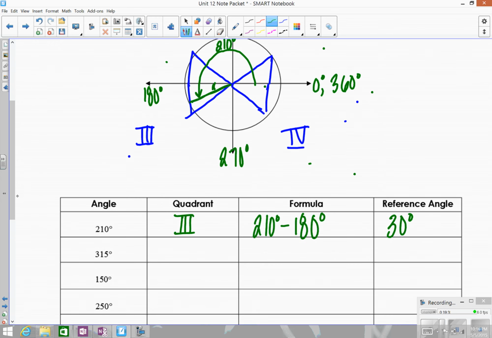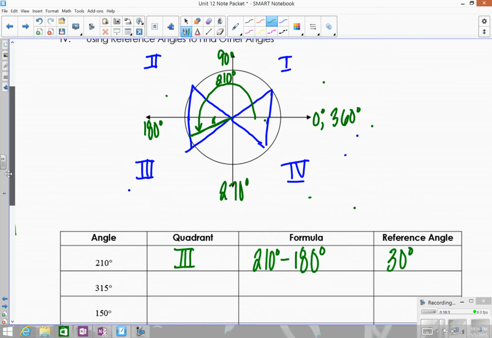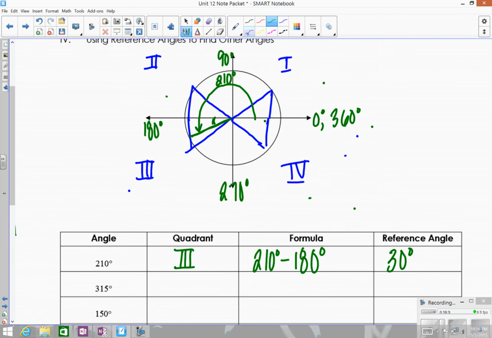315 is the next one. So for 315, I'm going to start and go all the way around past 270, somewhere in here. So this would be my reference angle, because remember the reference angle always comes off of the x-axis.